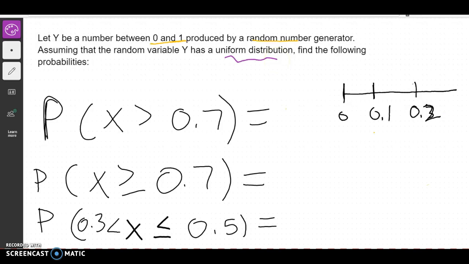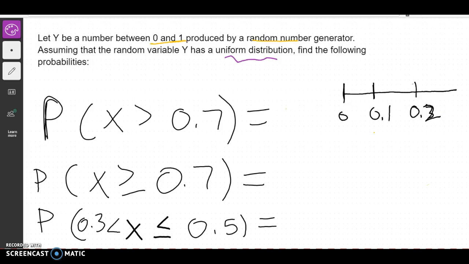Now, a uniform distribution is one where everything has the same chance. If you think about a random number generator generating a number from 0 through 1, every number should have the same kind of chance. Even if we go out to the hundreds of thousands, there are low chances of getting a specific number, but they all have about the same chance.